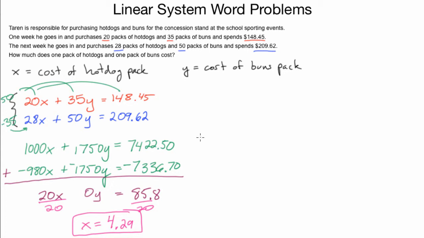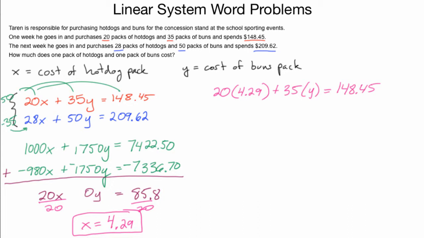All right, now we just got to figure out the cost of the bun. So I'm just going to use back substitution. I know what X is. I'm going to put it in. I'm just going to use this first equation. I'm going to solve for Y. So 20 times $4.29, that's the X value we just found, plus he got his 35 hot dog buns, y equals 148.45.